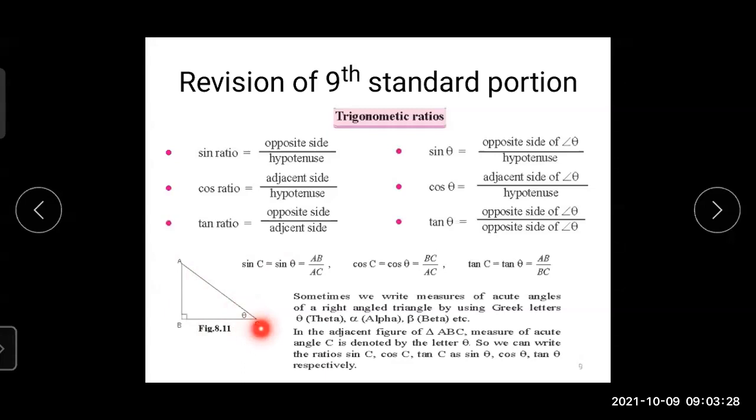In the same way, if we are taking cos theta, we will have to see the adjacent side of C, that is BC, upon hypotenuse, that is AC. Then tan theta, that is opposite upon adjacent. So opposite side of angle C will be AB, upon adjacent will be BC. So in this way, we are going to write the ratios.